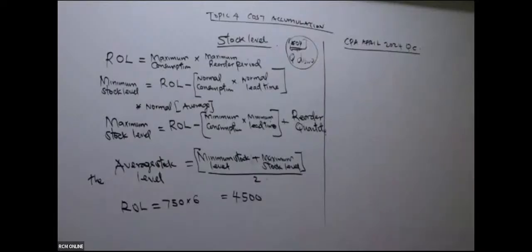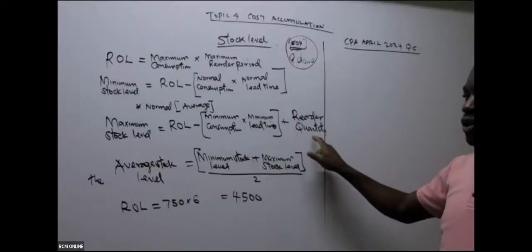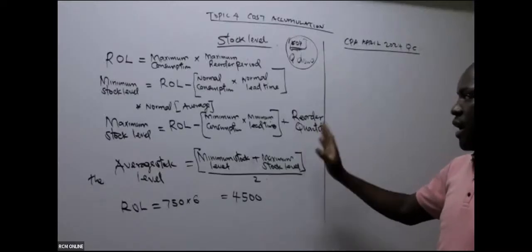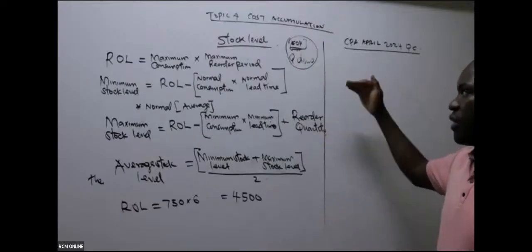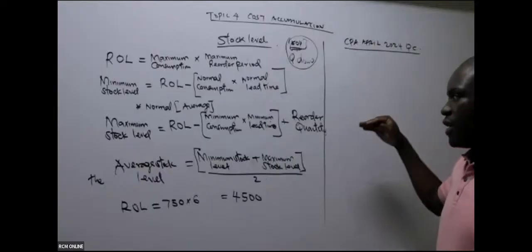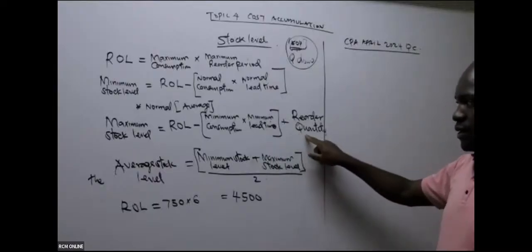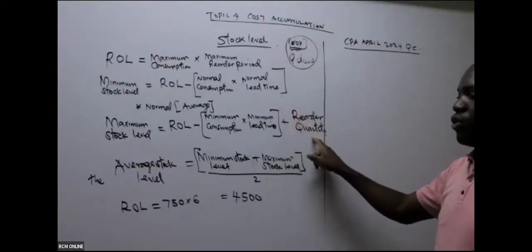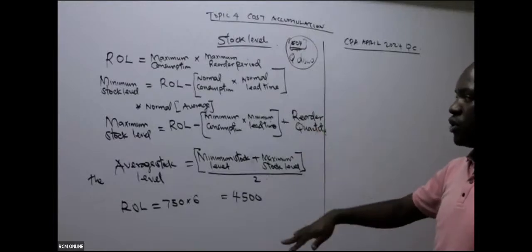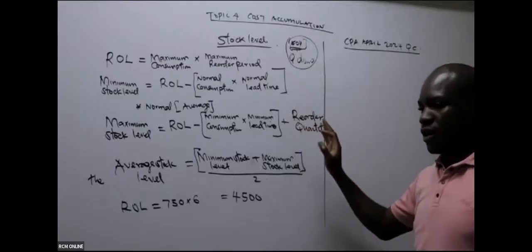Of course, we also said when you are not given the order quantity, you replace it with the economic order quantity. Now, if you do a question where for the first system you calculate economic order quantity and give us the total cost, then for the next one we already have the order quantity in place. So what you're going to do is just replace the economic order quantity with this reorder quantity.